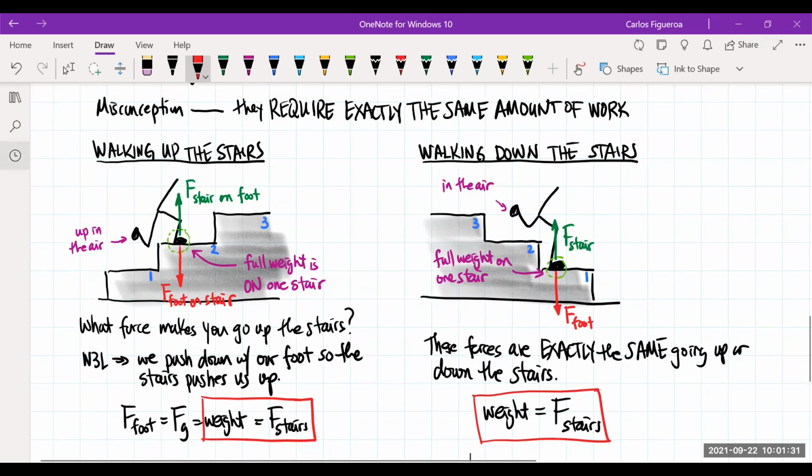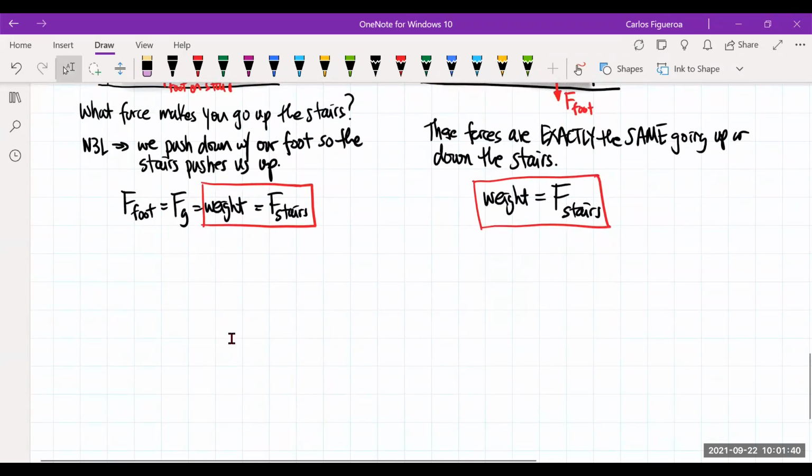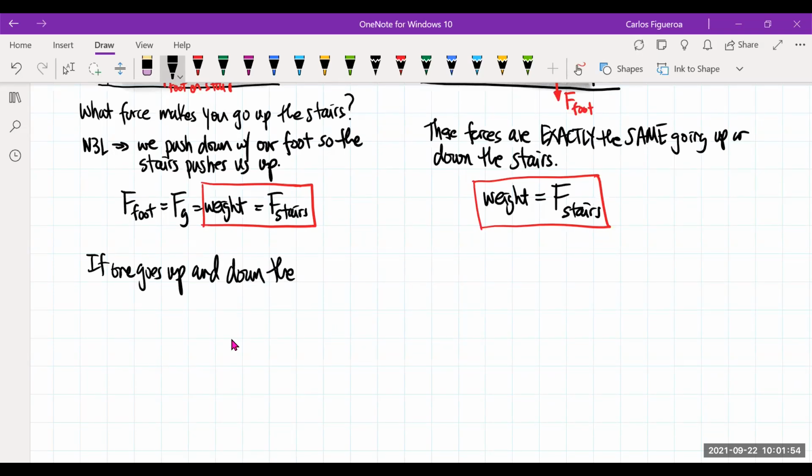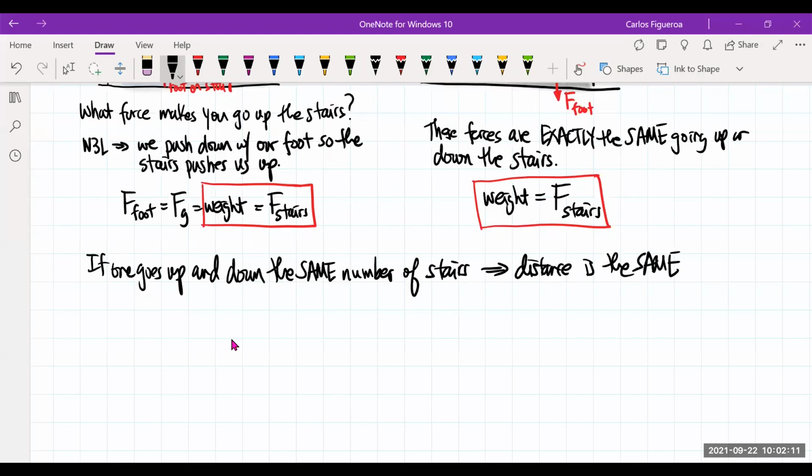So now let's look at the work. What this means is the following. If one goes up and down the same number of stairs, then the distance is the same for both situations.